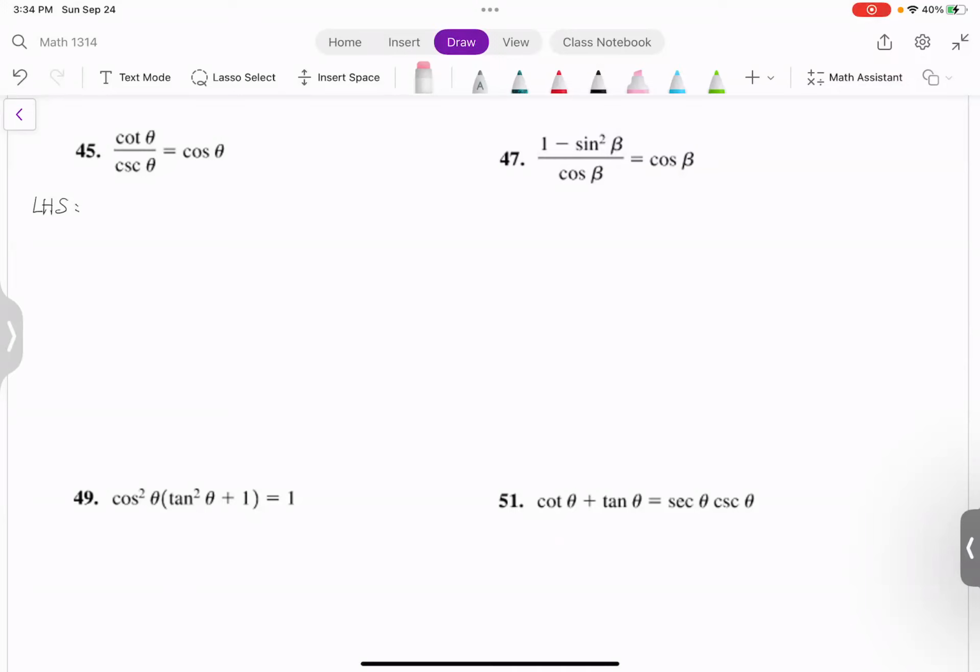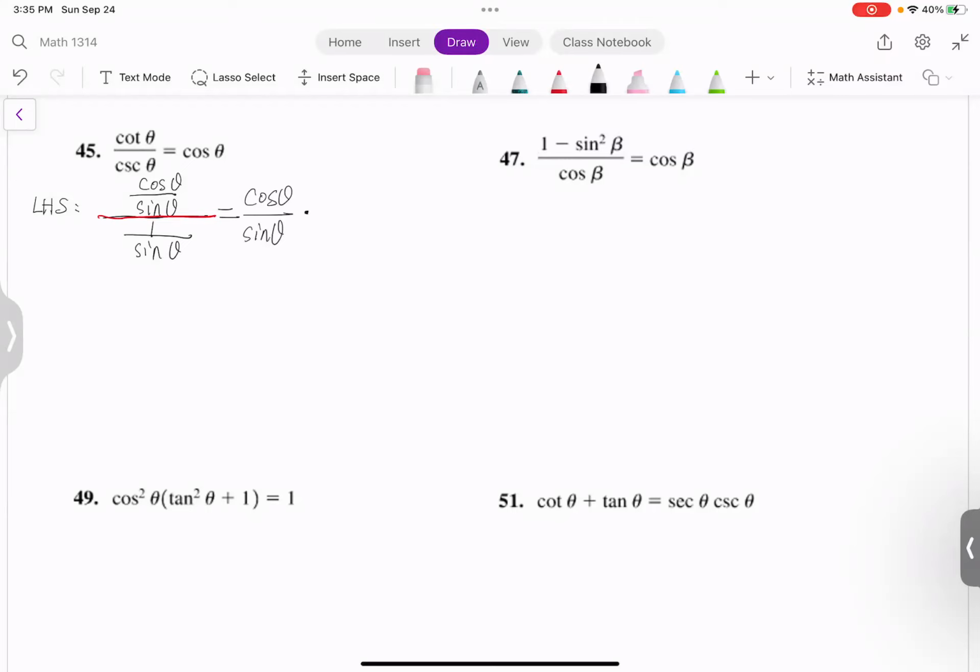Okay, so on the top, cotangent theta equals cosine theta over sine theta. The bottom, cosecant theta is 1 over sine theta. And then it's not equal to the right-hand side yet because we're not there. So what is that? KCF. Keep the top, cosine theta over sine theta.